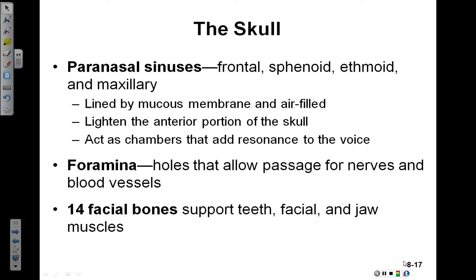Looks like they have little holes in them because sound has to travel through your sinuses, lined by mucous membrane. So you secrete mucus. If you have a cold or a severe sinus infection, or pollen, which is probably going to start falling in a couple of weeks by the end of March, people get allergies and sinus infections. My sinuses get inflamed, and you start secreting a lot of mucus, which is going to cause your voice to change.